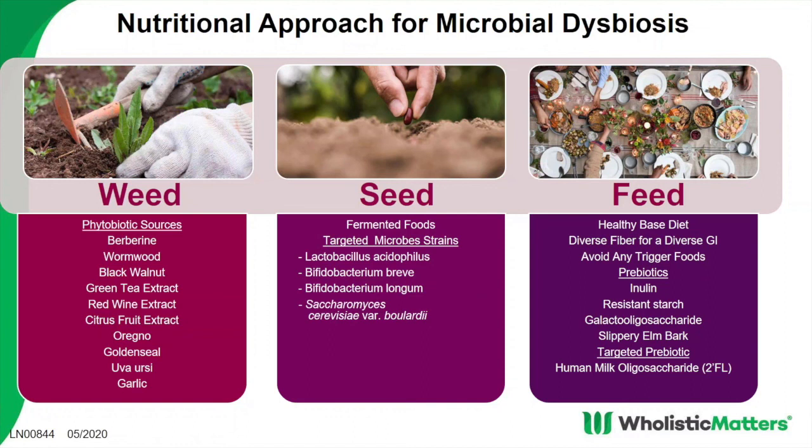Then, alongside this, you would look at supporting the feed step. So having a healthy base diet overall. For particular people, you might have to be doing some kind of exclusion diet, avoiding their trigger foods, if possible, and a diverse fiber diet for that overall diverse GI. Targeted prebiotics like inulin, but then you have things like resistant starch, galacto-oligosaccharides, particular herbals like slippery elm bark.